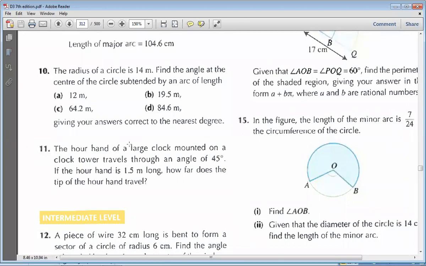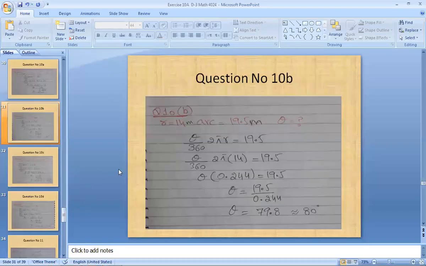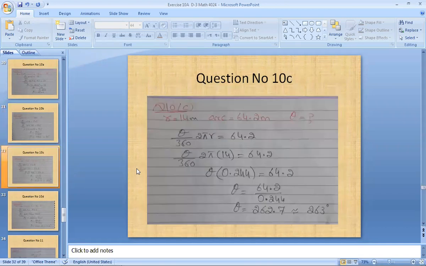So question number 10 and its C part says that the radius is 14 meter and the length of the arc is 64.2 meter. The radius is 14, the arc length is 64.2 meter, and the angle subtended at the center is the question mark.